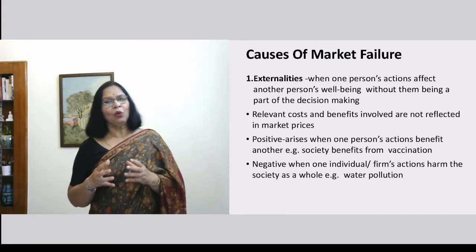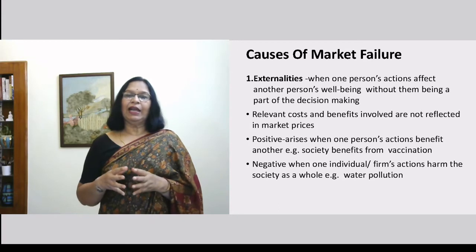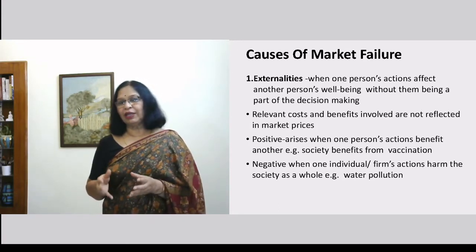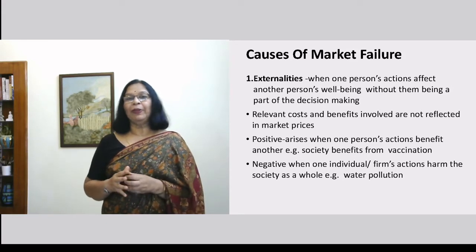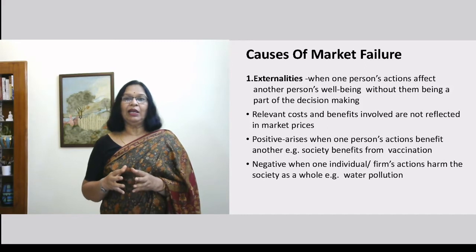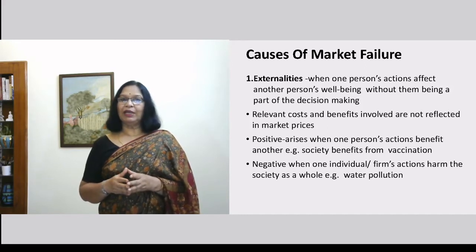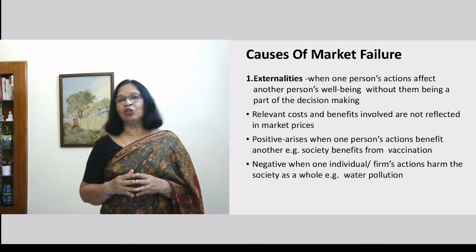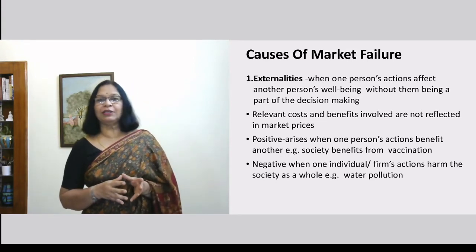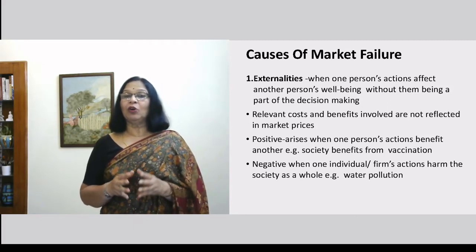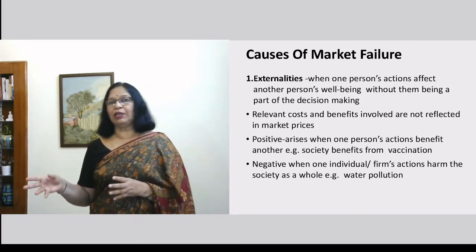Now, what is a positive externality? An example here is sending children to school, or individuals taking vaccination during this pandemic. What happens when an individual takes a vaccine? When a person takes a vaccine, and assume that he pays for this vaccine, then that person is not only protecting himself or herself from getting infected by the disease, but also contributes to society's good.